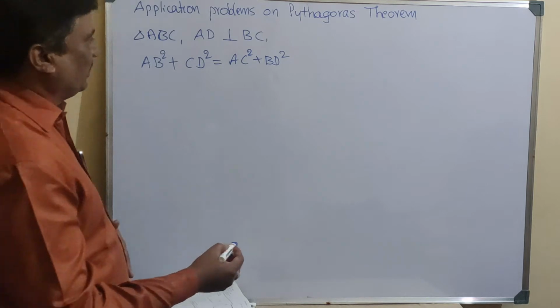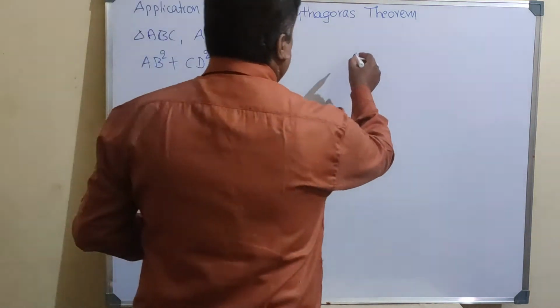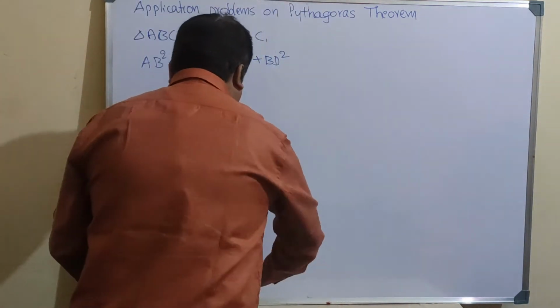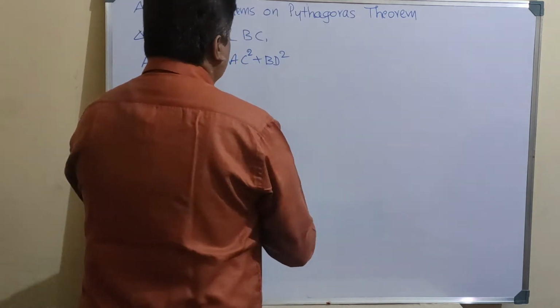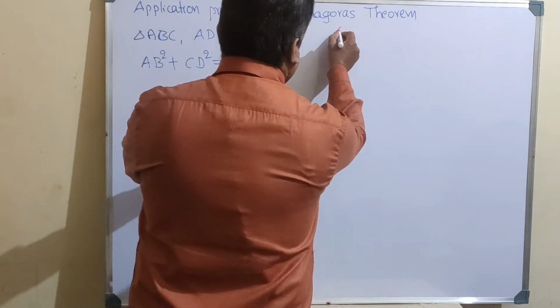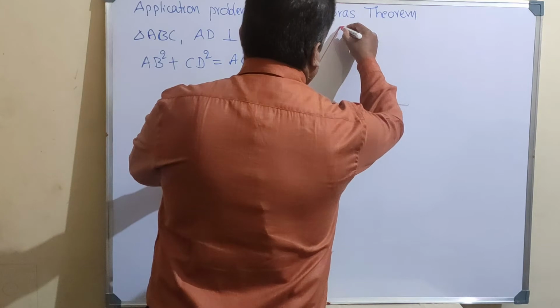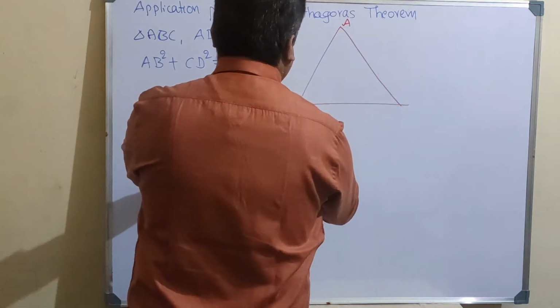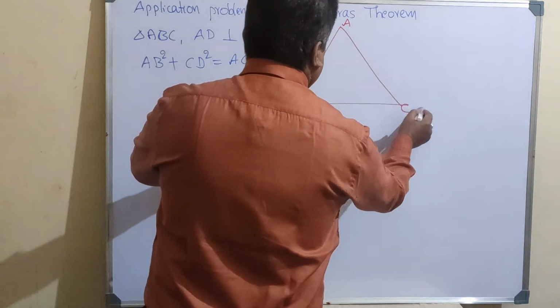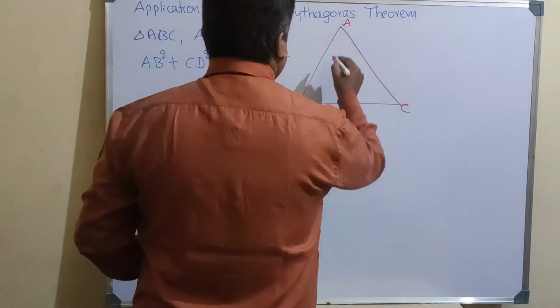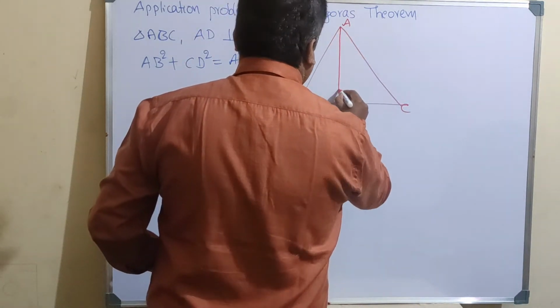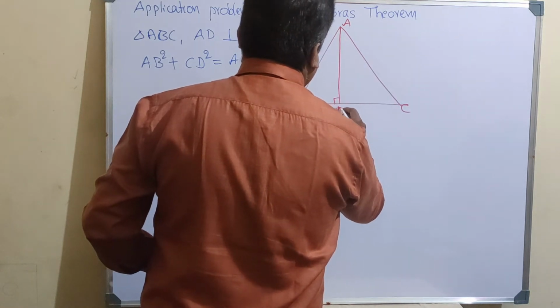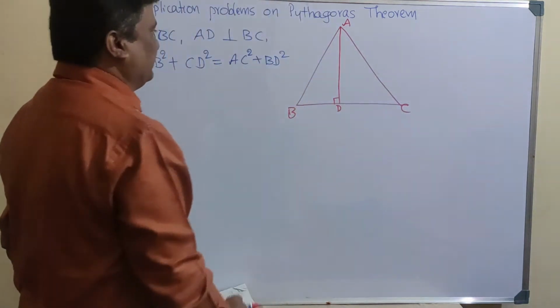Now let's write a triangle. Any triangle you can write, that is triangle ABC. Whatever may be the triangle, A, B, C. In this triangle, AD is perpendicular to BC.